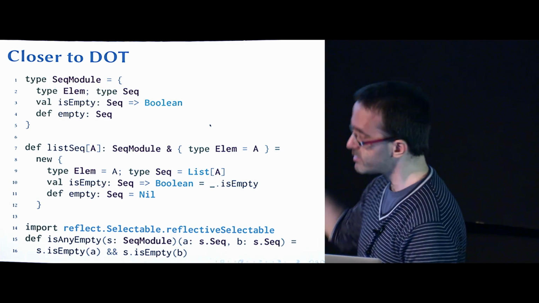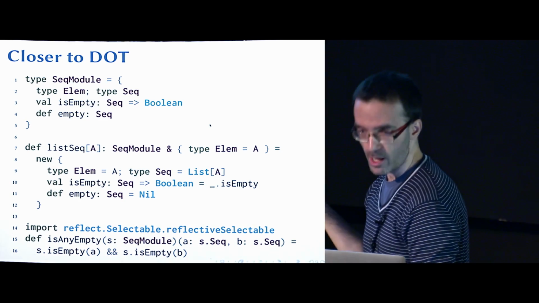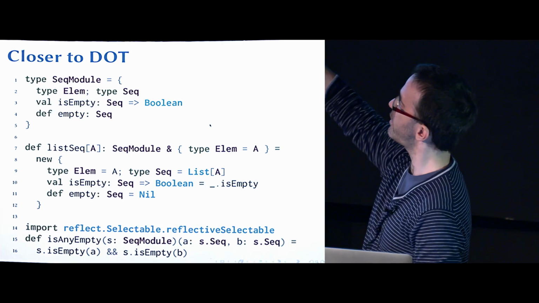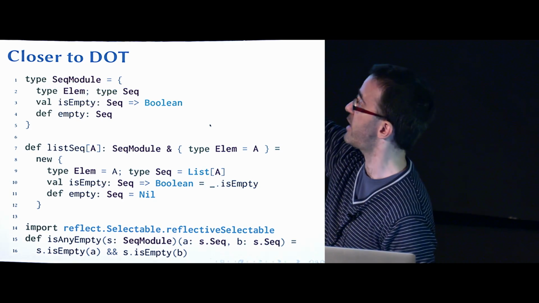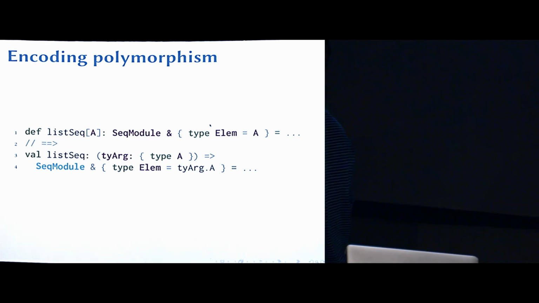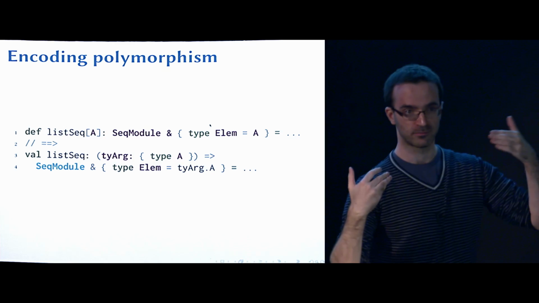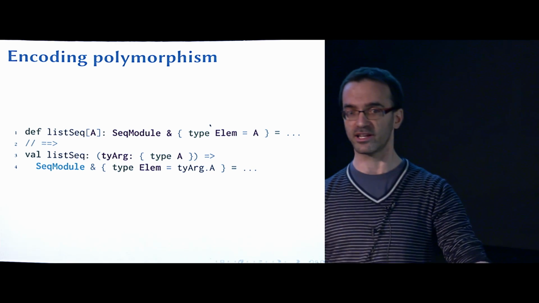So this is still using some features which are not in Dot and which we can also encode. Here we have a polymorphic method, listSec. We have no such thing in Dot. However, we have functions. And functions can take objects, and objects can contain types.